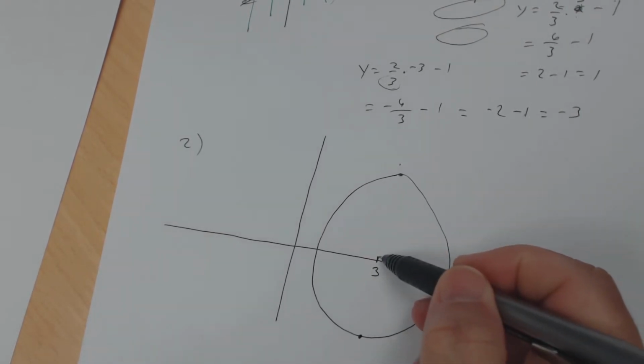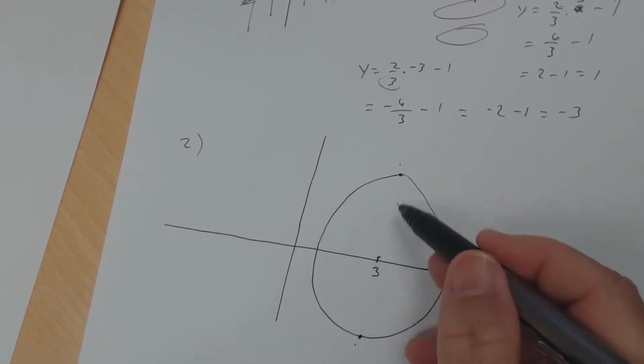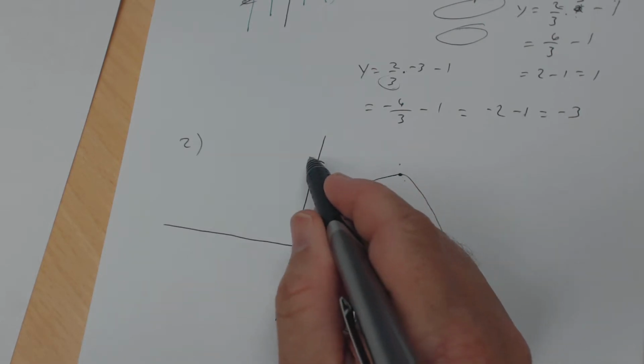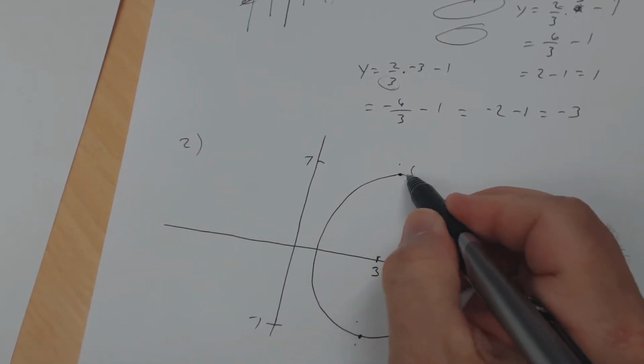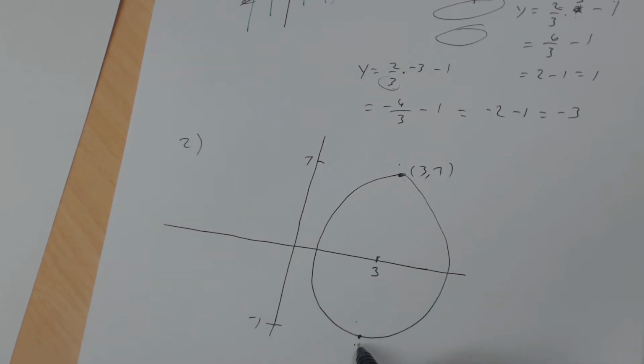You see this? So when x is 3, how many points are on the graph? There are 2 of them. So let's say this right here is 7. I'm making this up. And let's say this is negative 7. So when x is 3, this point here is (3, 7). And this point here is (3, negative 7).